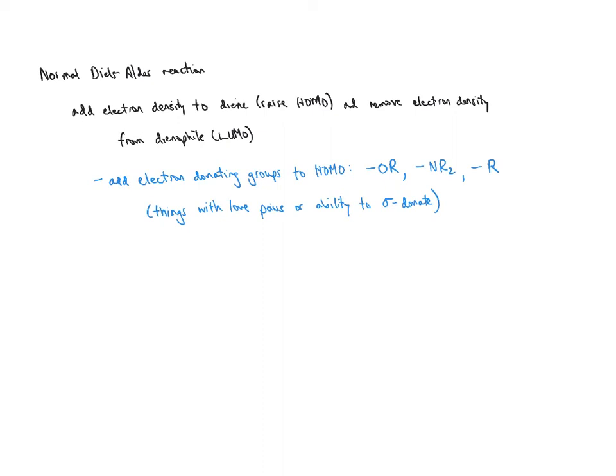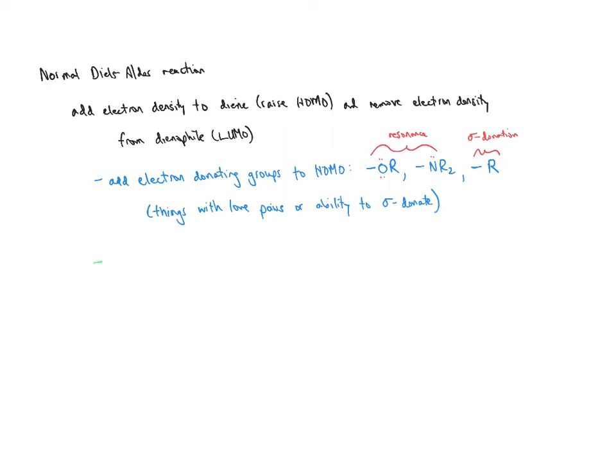The things with lone pairs are like the oxygen and the nitrogen, which push electron density into the system through resonance. Or you can push electron density into the system via R groups, alkyl groups like methyl or ethyl, phenyl, that kind of thing, through sigma donation. And so that has the effect of increasing the HOMO.